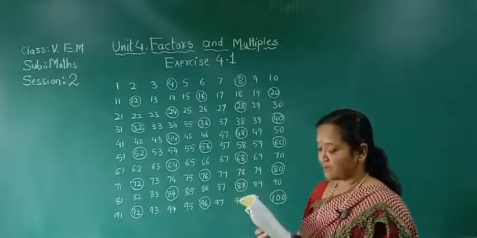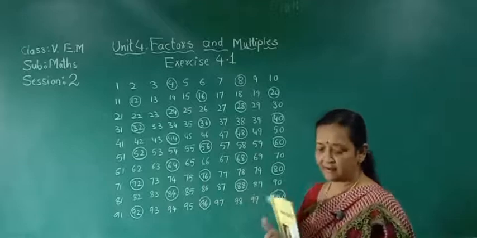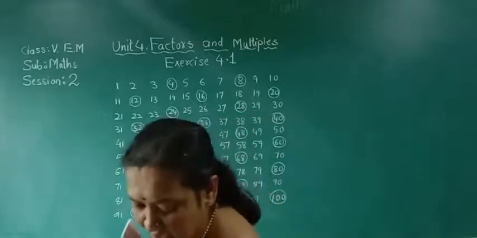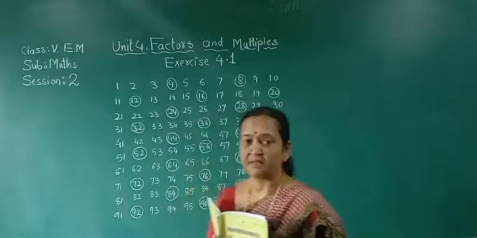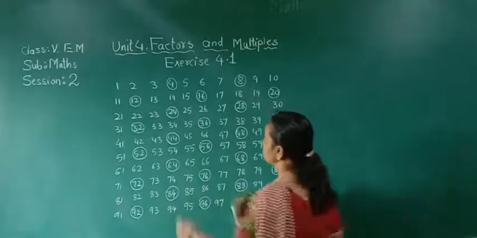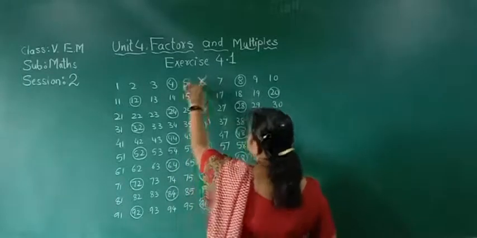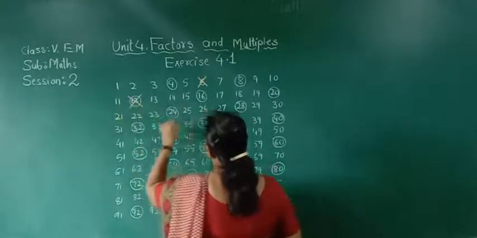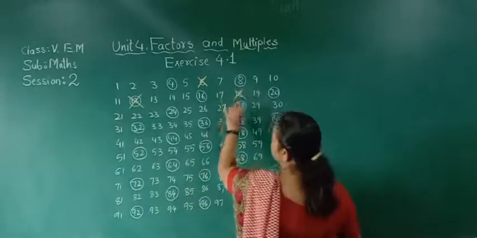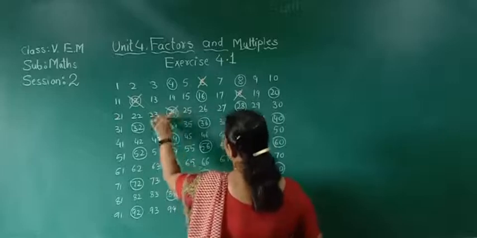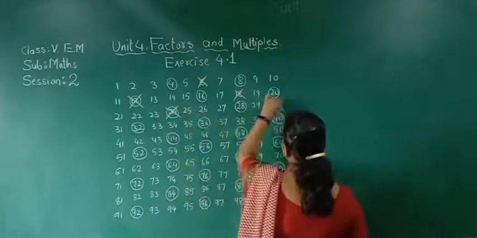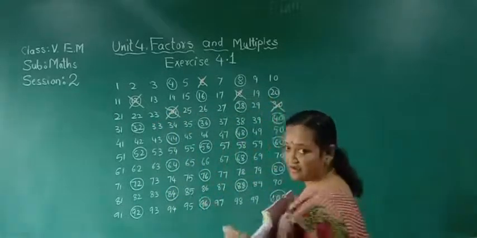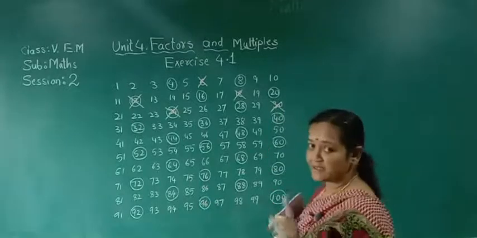Then what is told? Cross the multiples of 6 with red color. Now what we have to do, multiples of 6 we should cross with red color. Then 6 1s are 6, 6 2s are 12, 6 3s are 18, 6 4s are 24, 6 5s are 30. Every sixth number we are crossing, every sixth number.